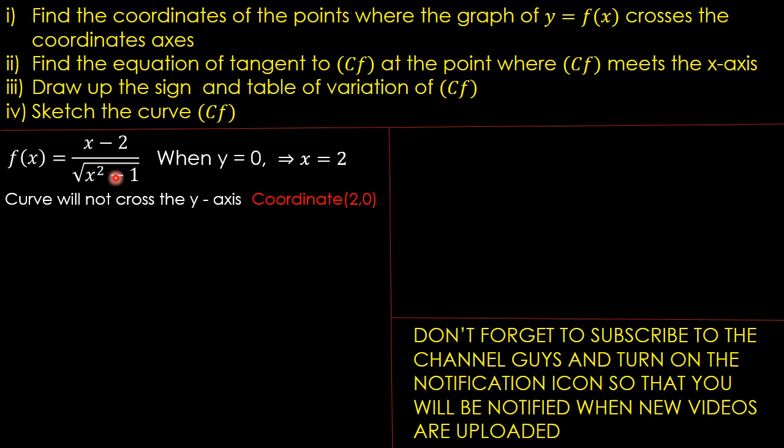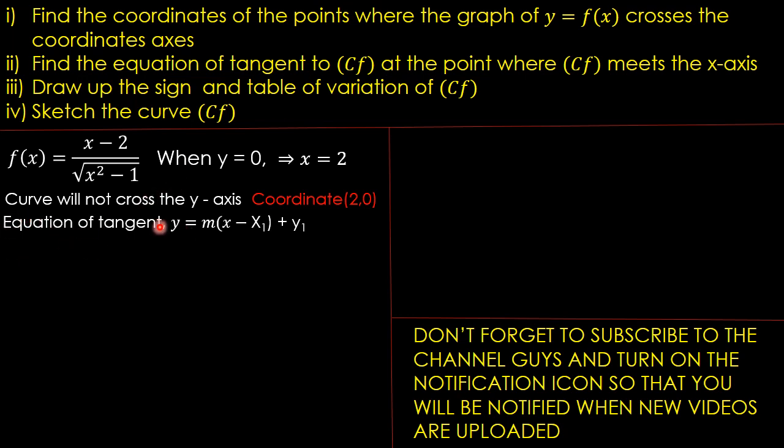If x becomes 0, we would have the square root of negative 1, which is simply i, and it's complex. So the curve will not cross the y-axis.